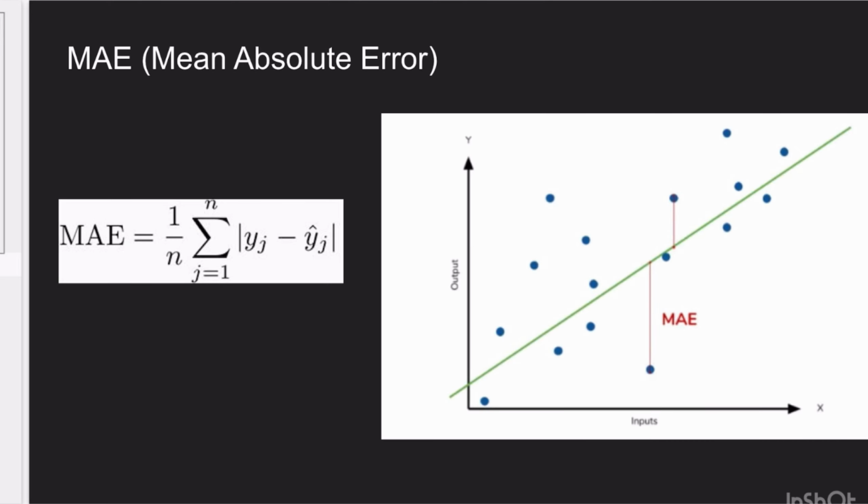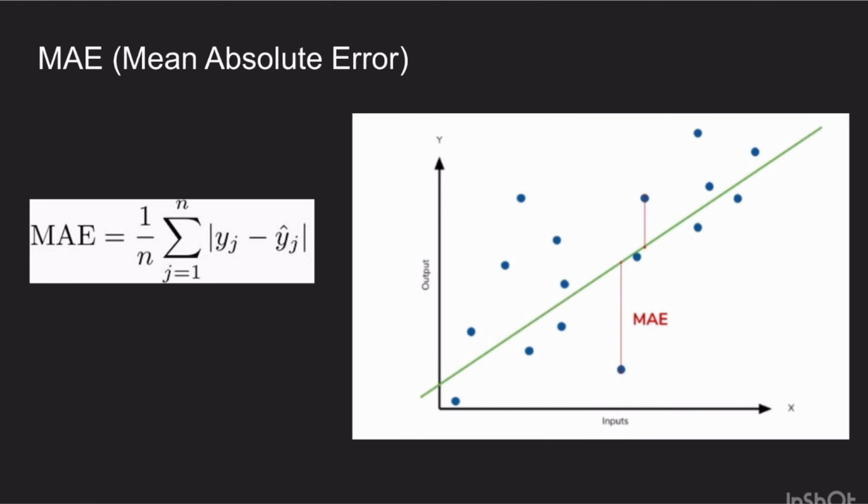Let's look at the definitions of MAE and RMSE. Of course, in our previous videos we have discussed this in detail, but we'll give a brief overview. MAE is the absolute difference between the predictions and the actual ground truth. If you observe these blue dots as the ground truths and the straight green line as the prediction, the differences between them are the absolute differences.